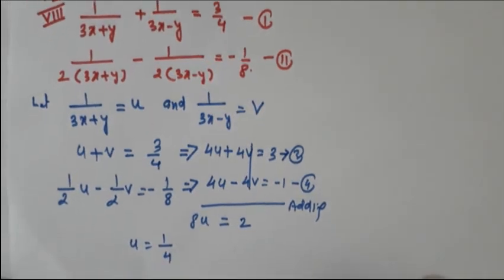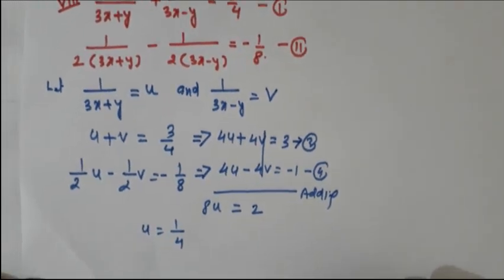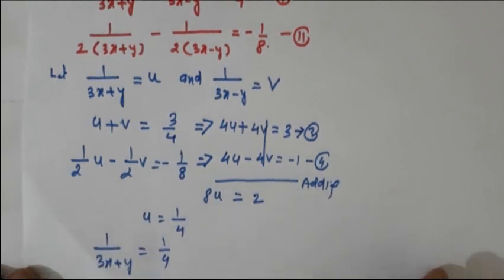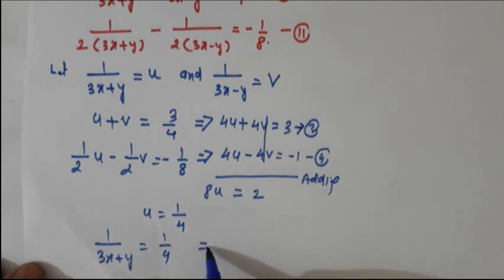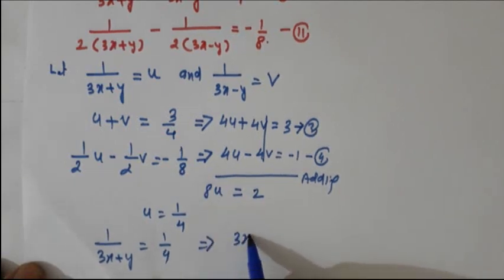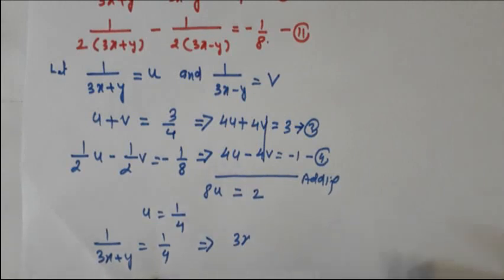So see here, u is equal to 1 upon 4 and u was supposed to be 1 upon 3x plus y, then 1 upon 3x plus y is equal to 1 upon 4. After comparing, you can write 3x plus y is equal to 4. Suppose this is equation number 5. 3x plus y is equal to 4.